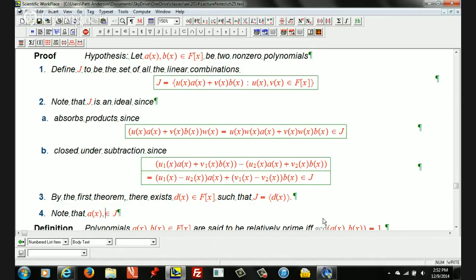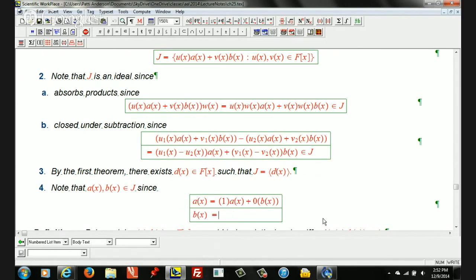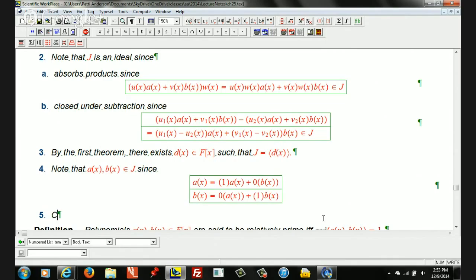Because a of x is equal to 1 times a of x plus 0 times b of x, and b of x is equal to 0 times a of x plus 1 times b of x. So this is where they combine them together.